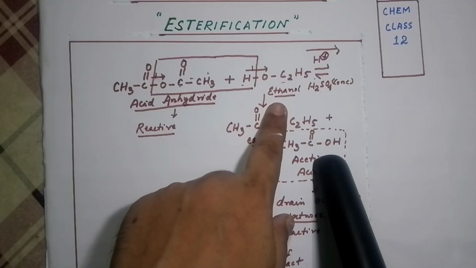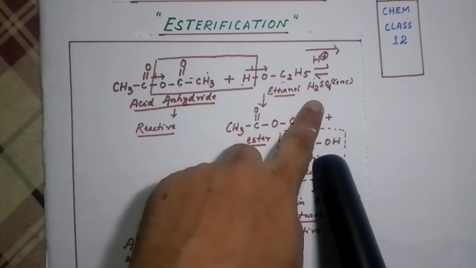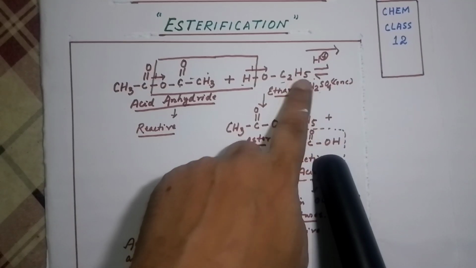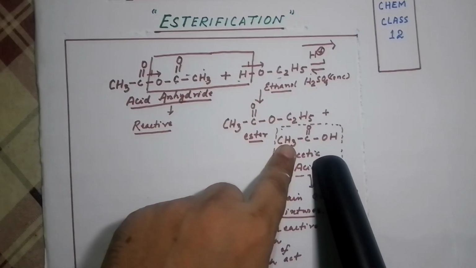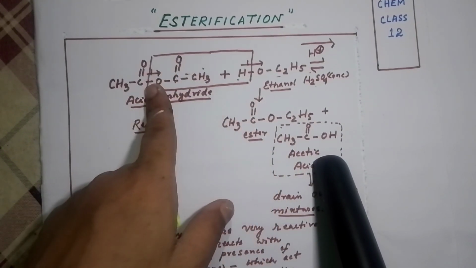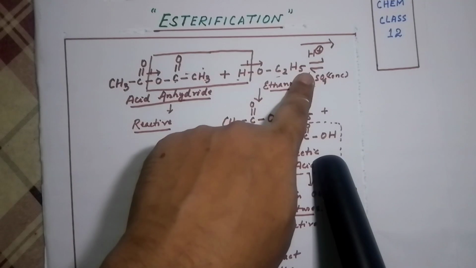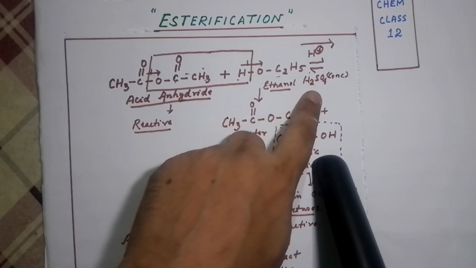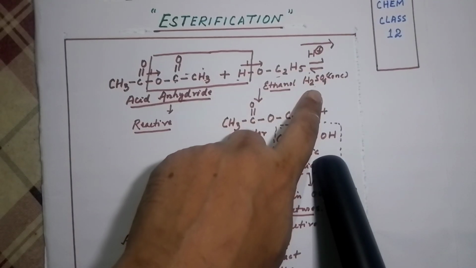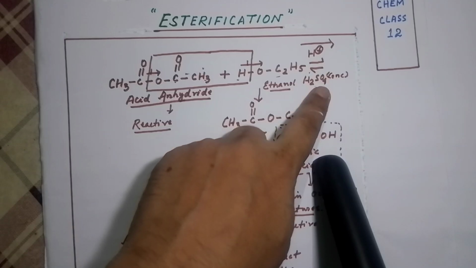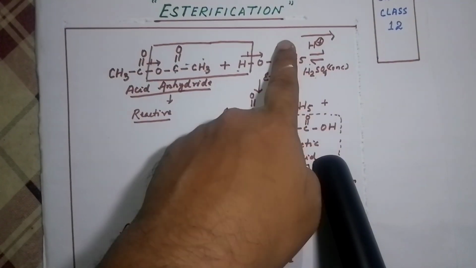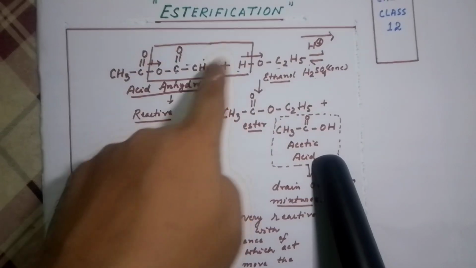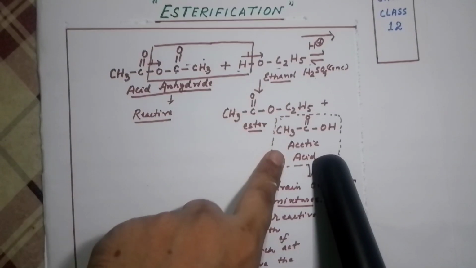So here you see acid anhydride, which is very reactive, reacts with ethanol, an alcohol, in the presence of concentrated sulfuric acid. Previously it was a reversible reaction, meaning the probability of forming both the reactant and the product was the same. Now when we put in concentrated sulfuric acid, what is its function? It will move the direction of the reaction from the reactant side to the product side.